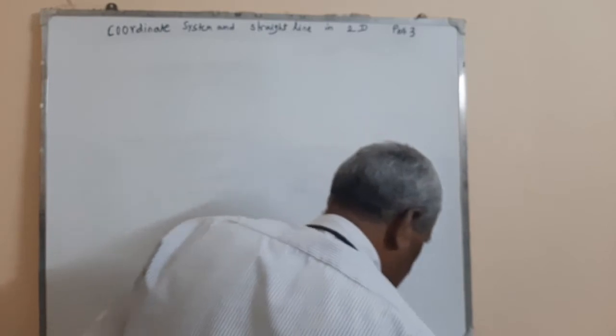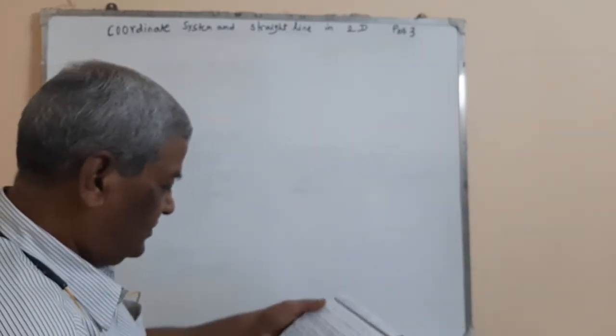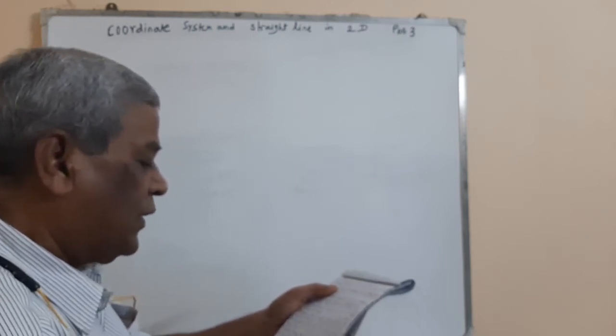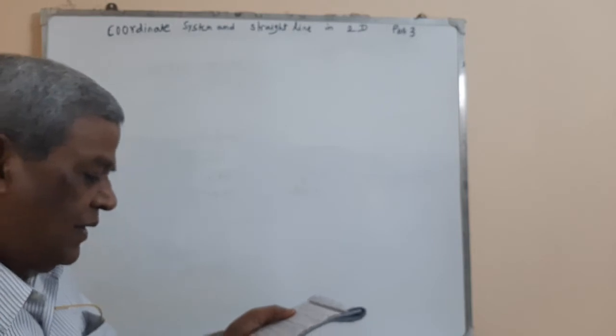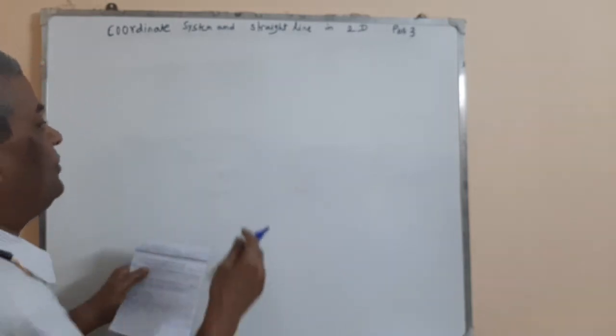Next, in triangle ABC, perpendicular bisector of AB is x minus y plus 5 is equal to 0.